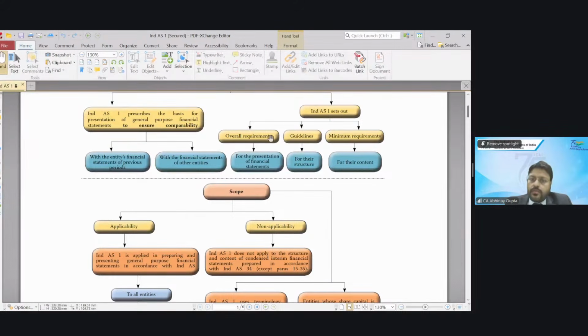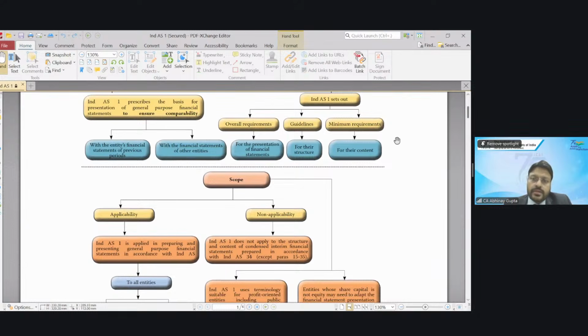First of all, Ind AS 1 tells you the overall requirements while preparing the financial statements. It guides the structure we need to follow strictly, so that our financial statements are streamlined, and it is not that we prepare one way this year and another way next year, right?